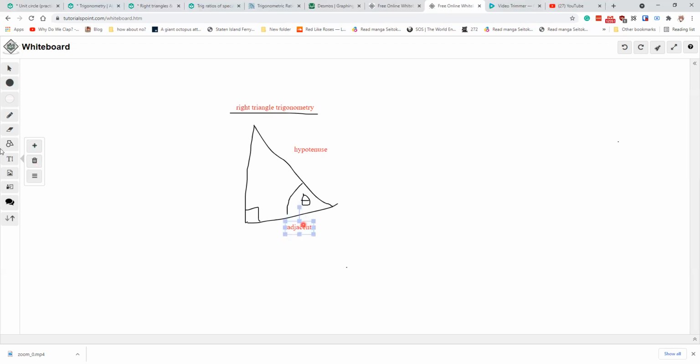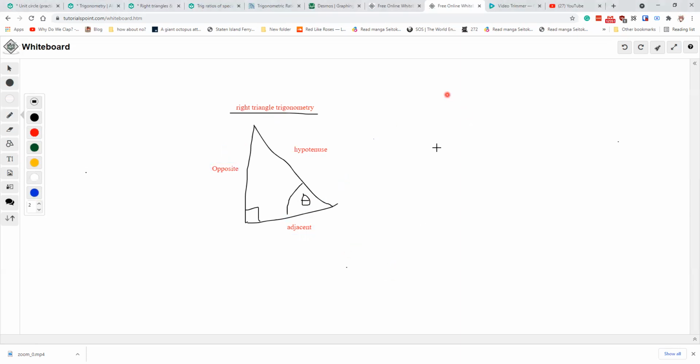And the side opposite of theta is, of course, called the opposite. So you have the opposite, the adjacent, and the hypotenuse.